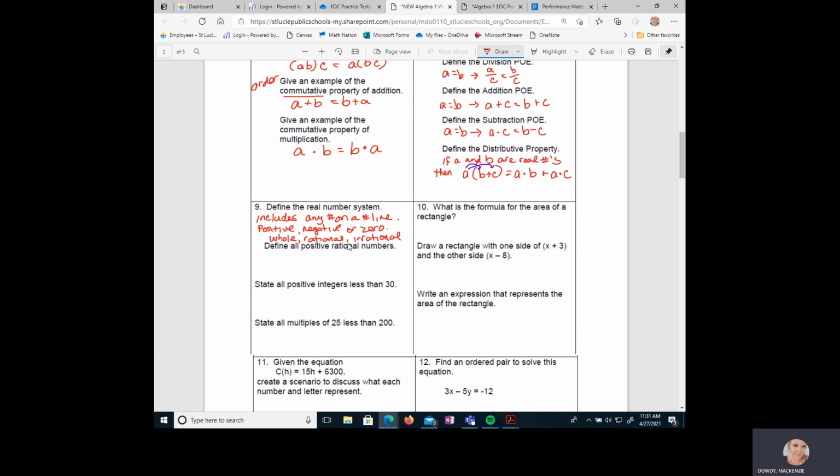Define all positive rational numbers. So all positive rational numbers, the numerator and denominator are both positive or both negative.